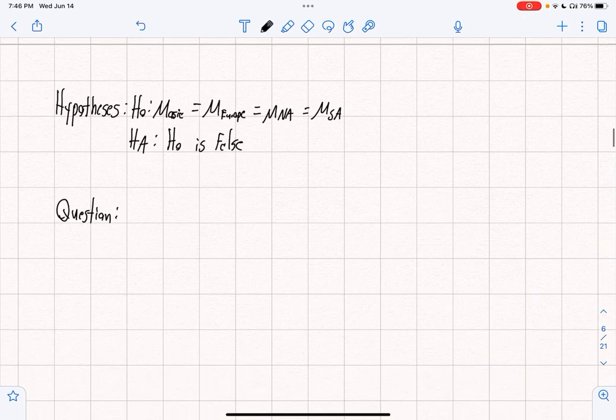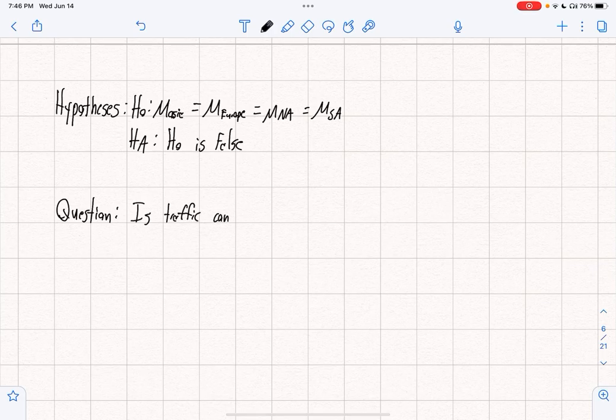The research question we're trying to answer here is whether traffic congestion is different across continents. And that's really what we're doing with ANOVA.